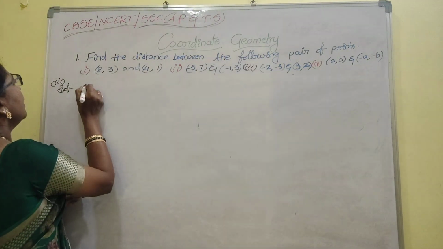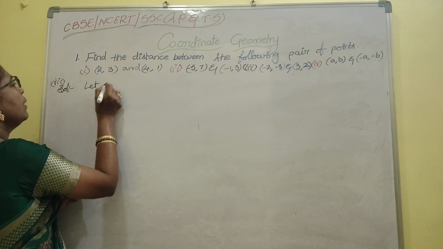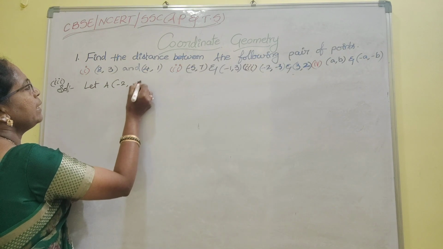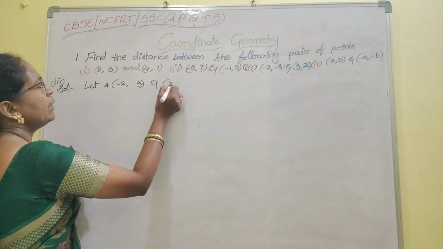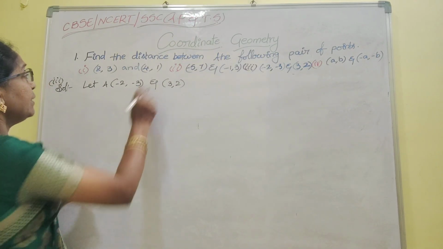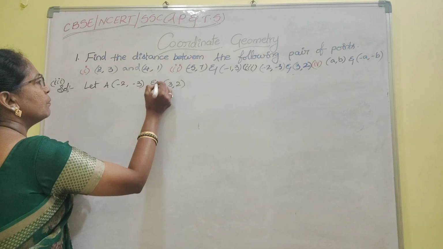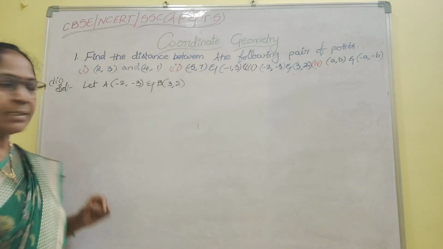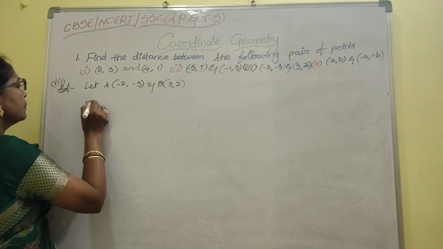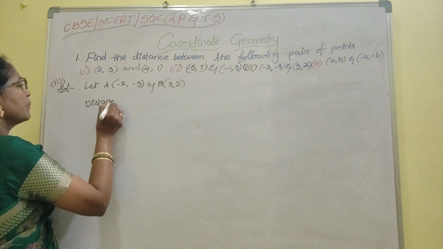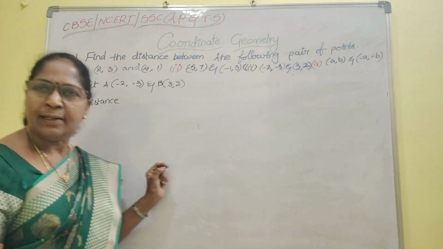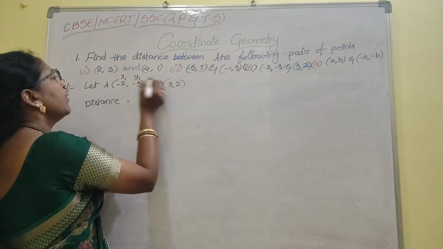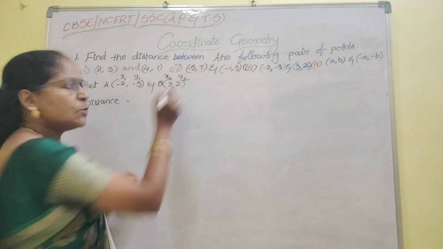Just assume that A is the point (minus 2, minus 3) and B is (3, 2). Now here distance equals, apply the distance formula, where the first point is x1, y1 and the second point x2, y2.